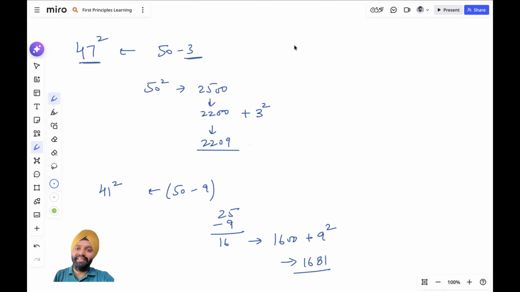Then I realized it is simply an application of the basic formula of (a minus b) squared, where a just happens to be 50.